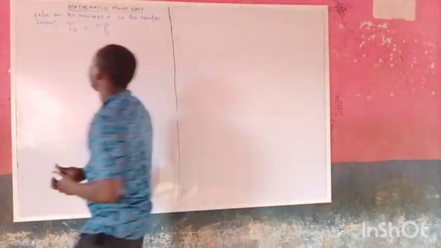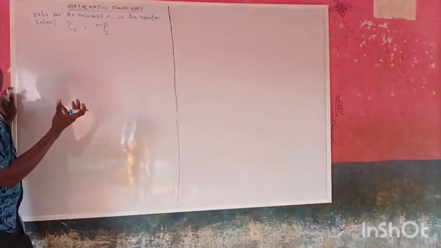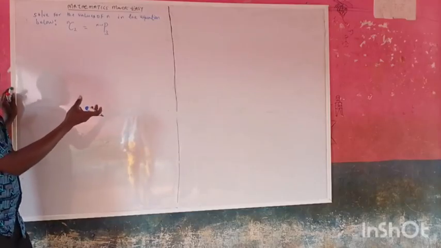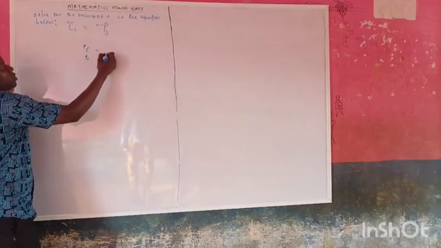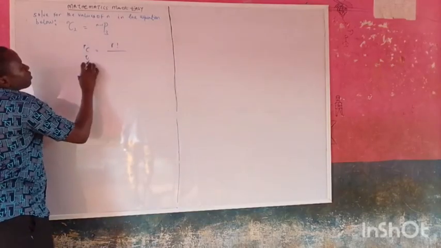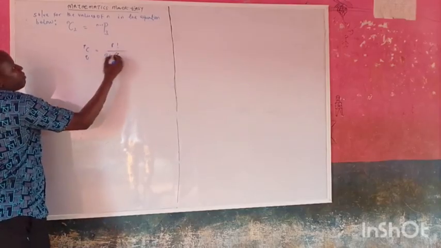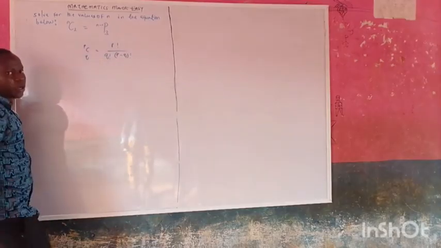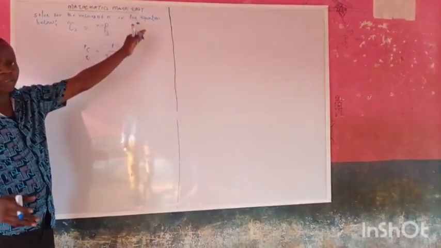Okay, guys, let's start. I'll firstly remind us what the combination is all about. If you have P combination Q, this is equal to P factorial over Q factorial multiplied by P minus Q factorial. This is your combination. Then what about your permutation?